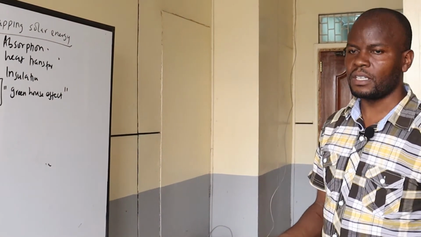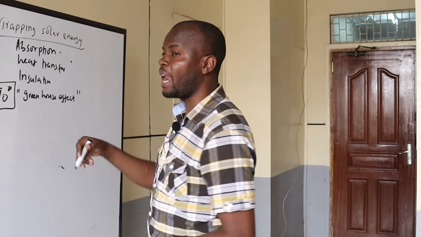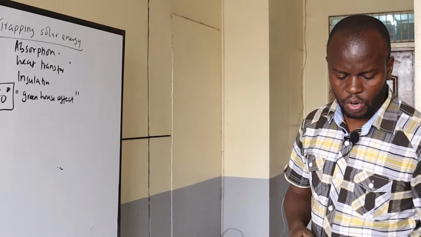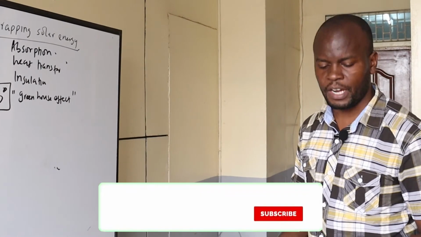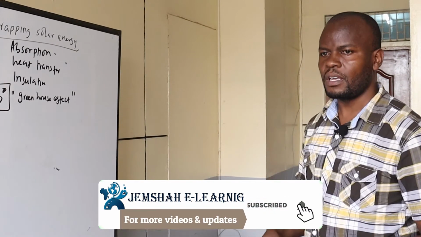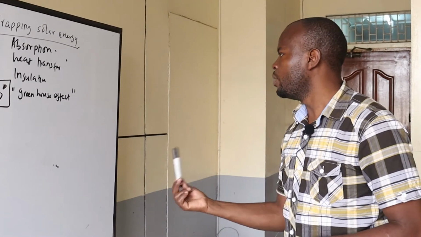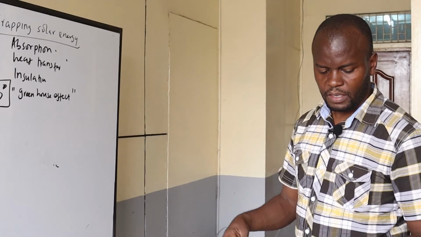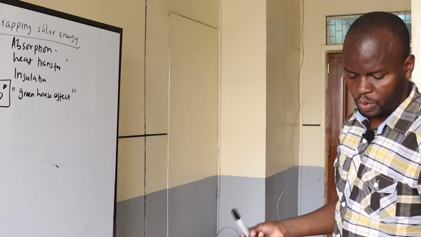You will also find that in most cases, we usually paint dark-colored surfaces black. So the dark-colored or black non-reflective metal surfaces usually absorb solar radiation, and when they absorb it, they end up with a lot of heat. This can be used in solar water heaters.